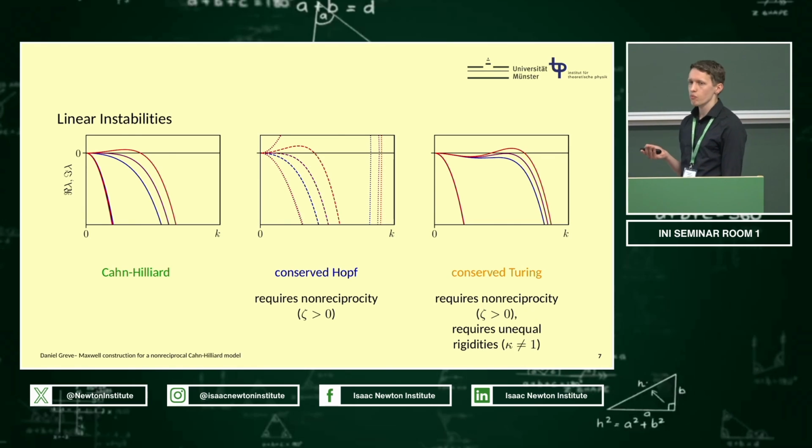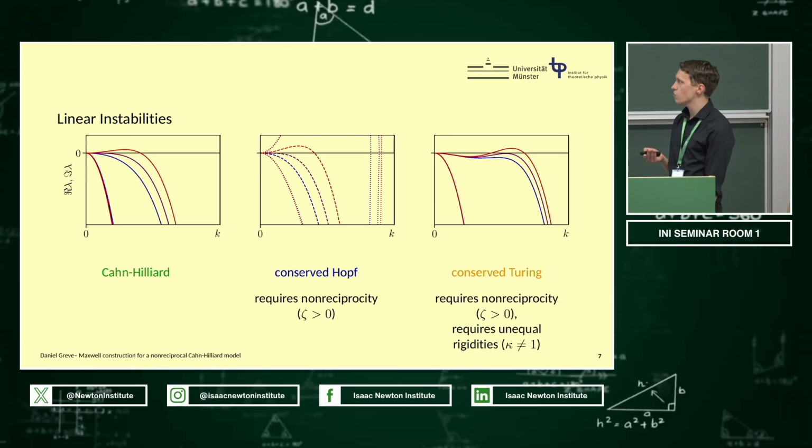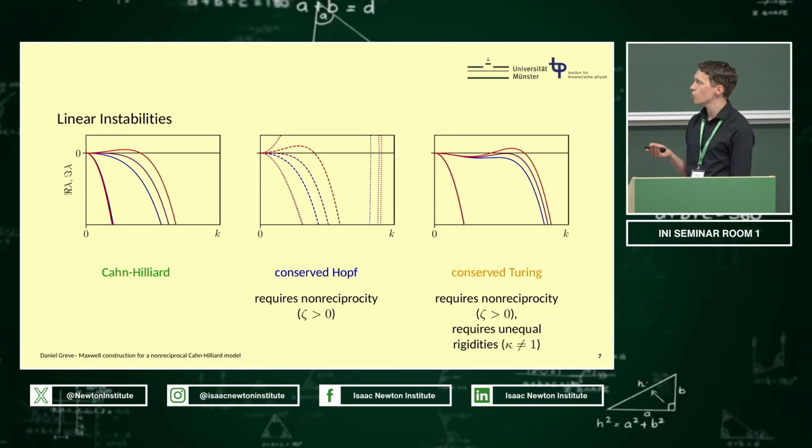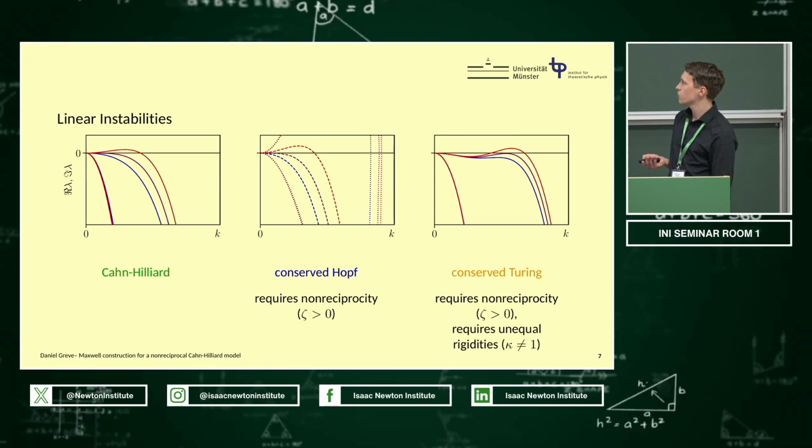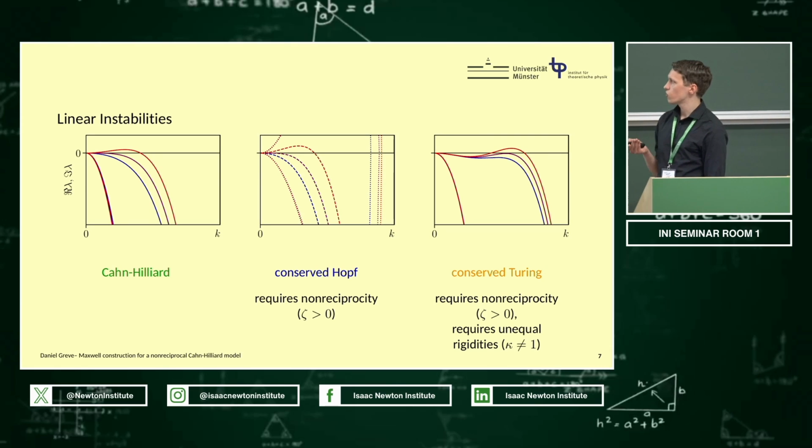Then we've got the conserved Hopf instability, also a large-scale instability, but with two complex conjugated eigenvalues. And we have, as I said, this equivalent of a Turing mechanism, where we have this small-scale eigenvalue, but in the conserved case. And the latter two require non-reciprocity. So you really can only get them if you have dominant non-reciprocity in your model. So this parameter theta greater than 0 means that non-reciprocity is a dominant contribution in your model.